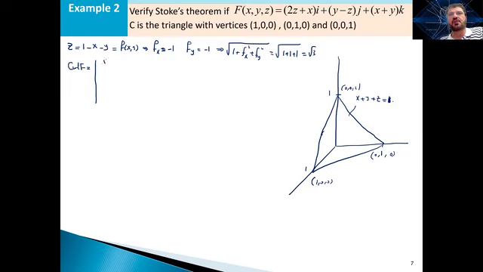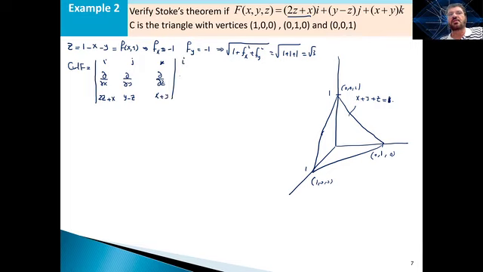What do we put? We put i, j, and k, d over dx, d over dy, d over dz. The P here is 2z plus x, and the next one is y minus z, and the last one is x plus y.